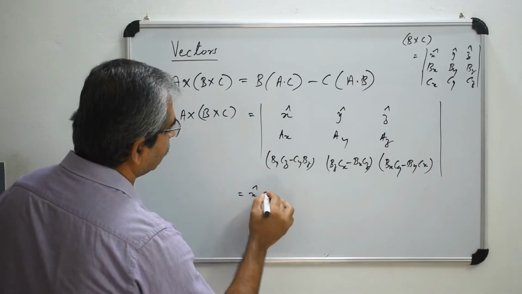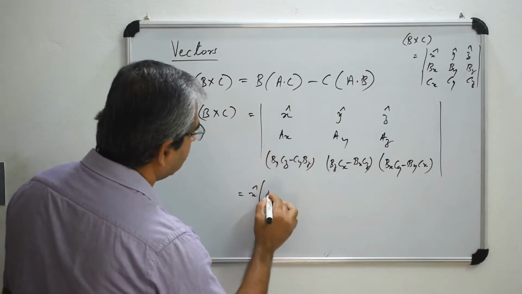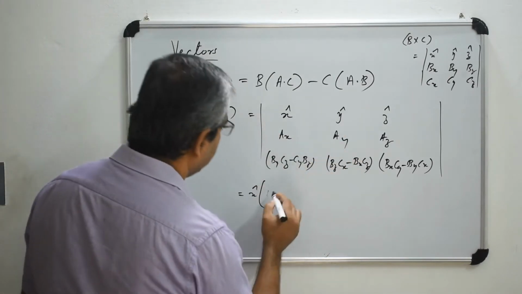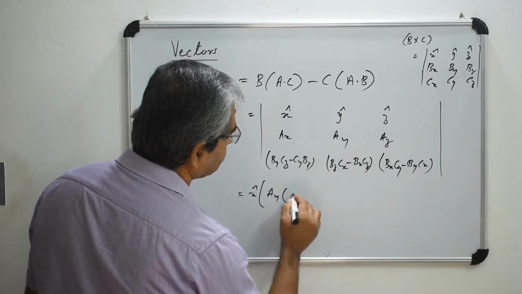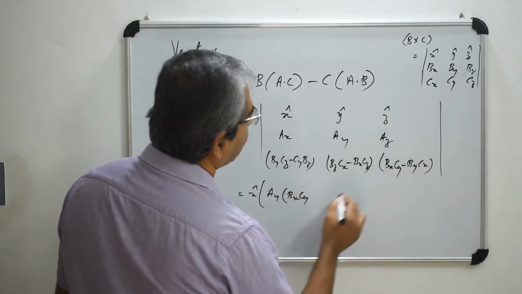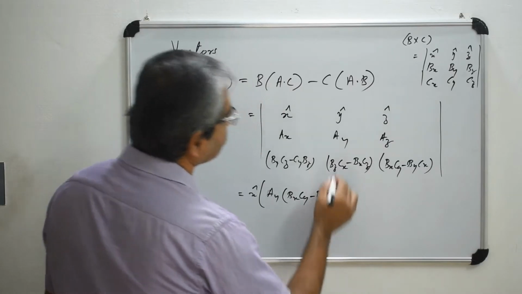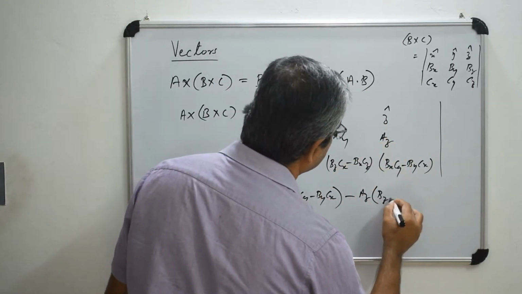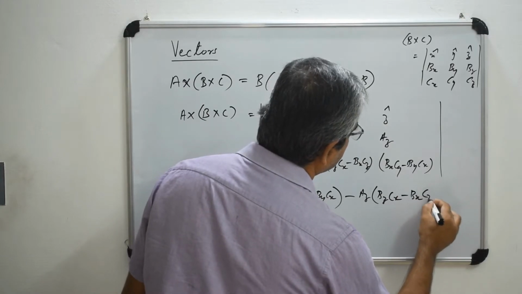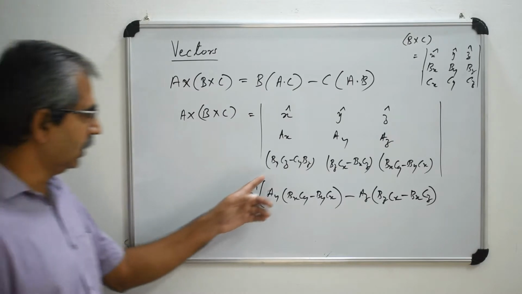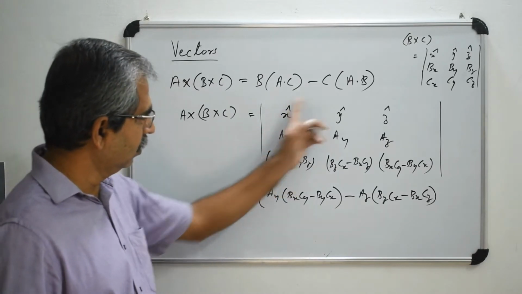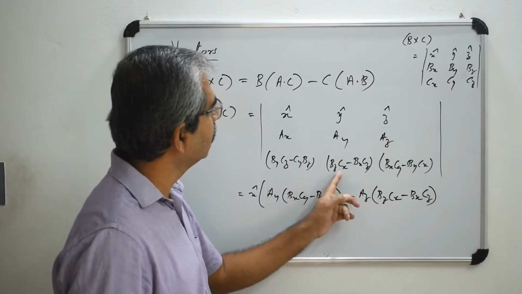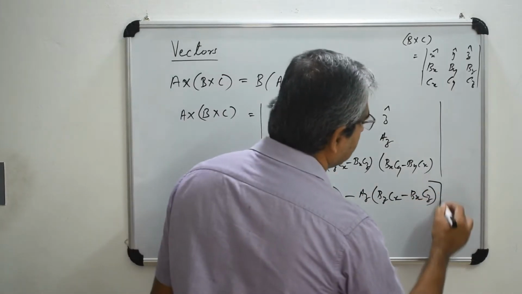That is X cap into Ay into Bx Cy minus By Cx, minus Az into Bz Cx minus Bx Cz. Okay, so that is the first component, the X component.